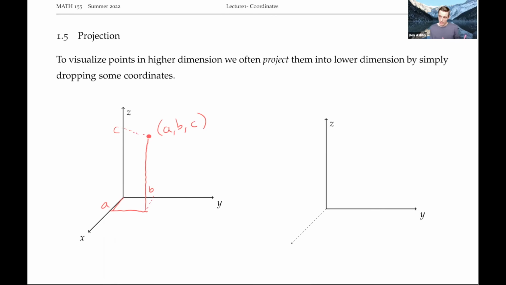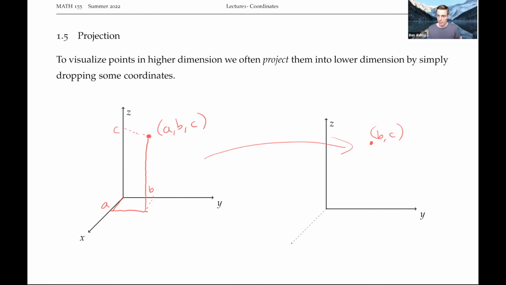What the authors of this study did, and what you can do in general, was to say, okay, well, say what's going on in the X direction isn't very important. We're going to drop the X direction and we project that now to a point (b, c) in the YZ plane.